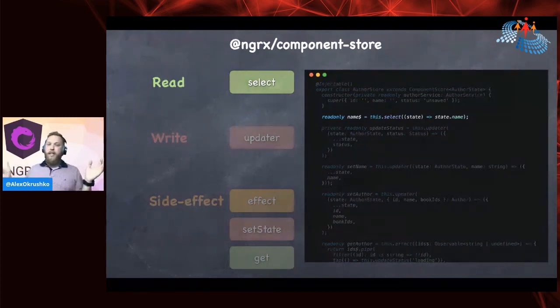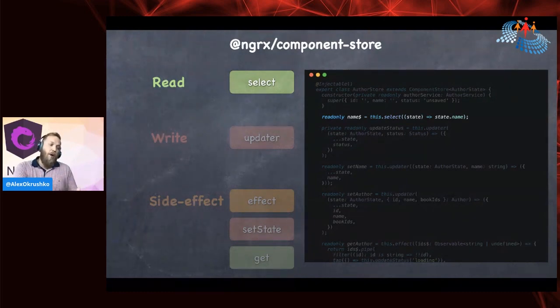We have the state that has IDs, names, statuses, and so on. We want to get a name out of it, so we take state.name and get it back. And this returns, as you can see by the dollar sign, an observable of strings now. We make it read-only so nobody changes it by accident. Again, this becomes a push-based service.